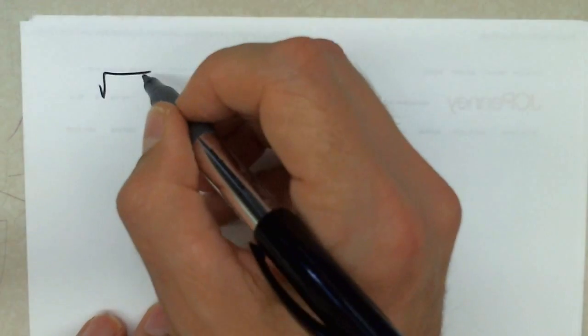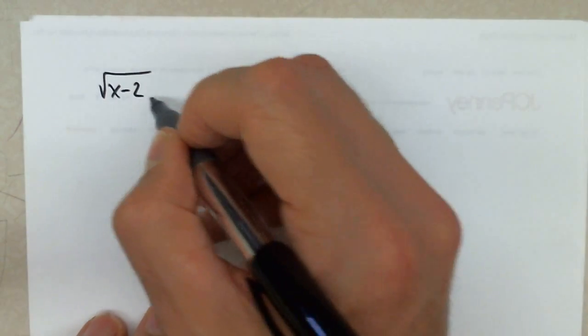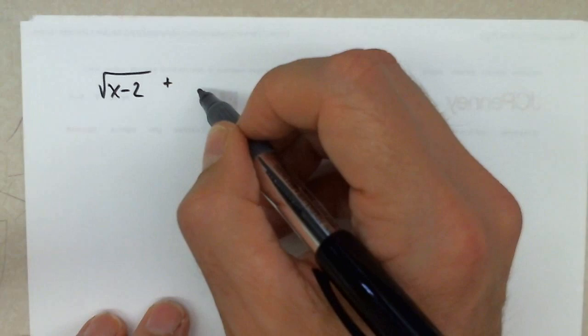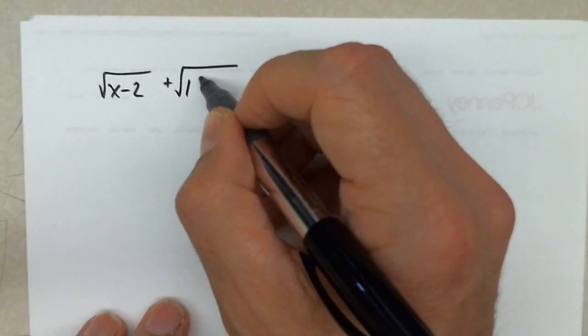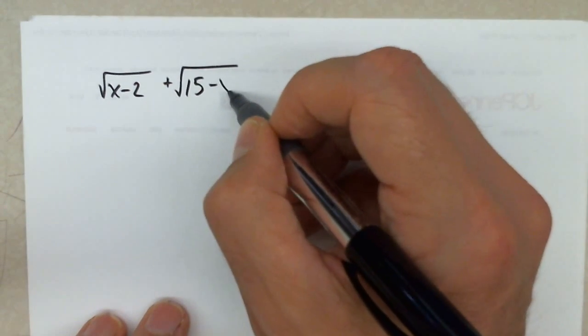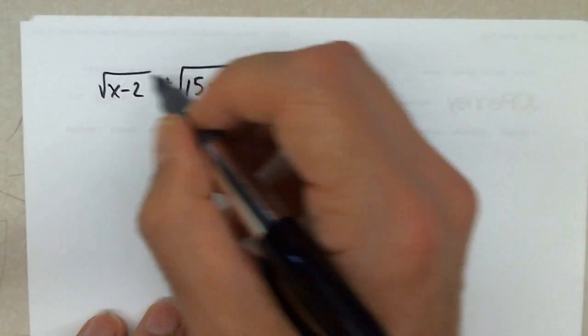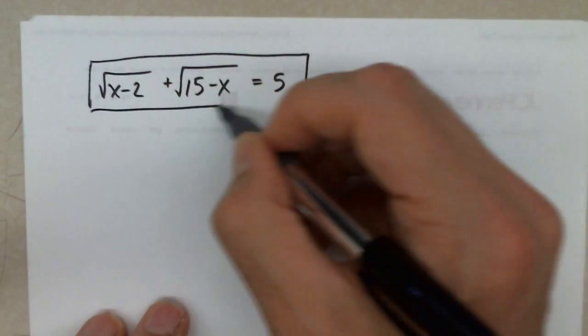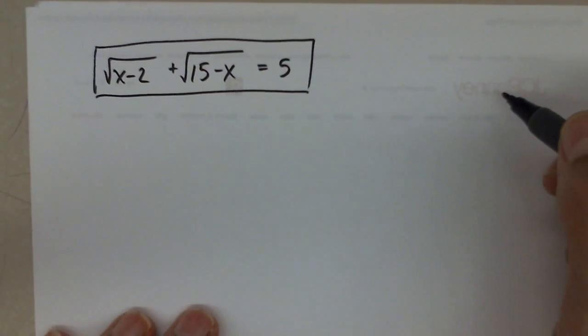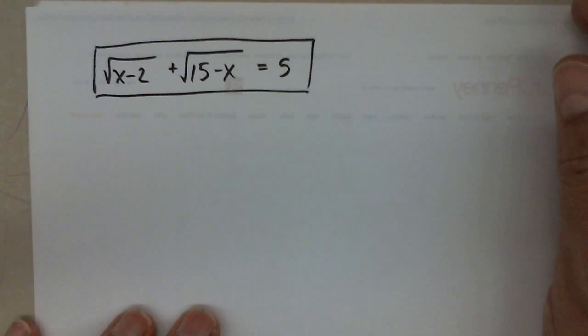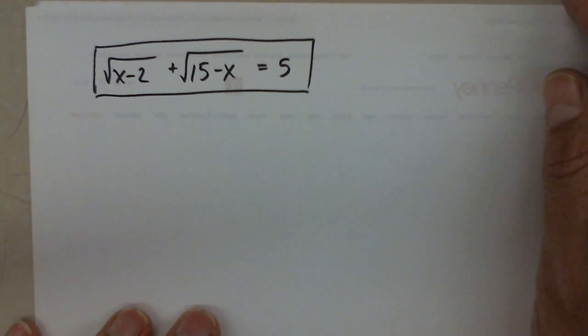All right, and now we have a little different strategy required because we have 2 radicals. And when we do this, we don't want to square with both radicals on the same side.